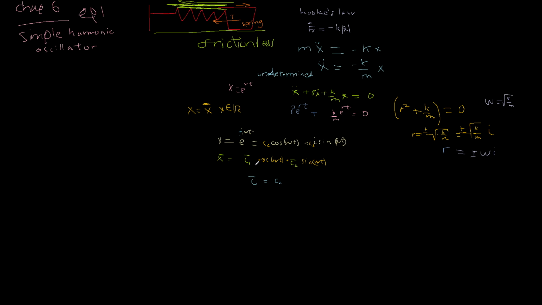So how are we going to get rid of these? Well, suppose we replace these constants with some b's, which are real numbers: b1 cosine omega t plus b2 sine omega t.